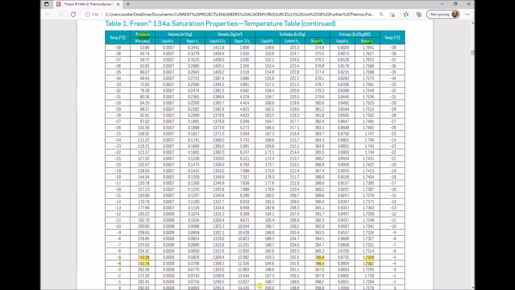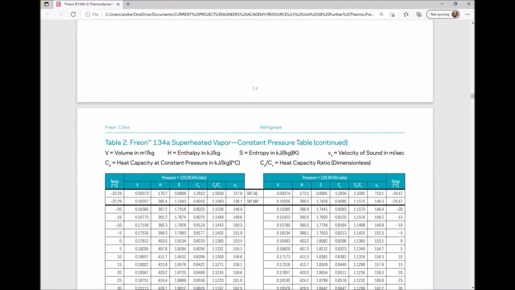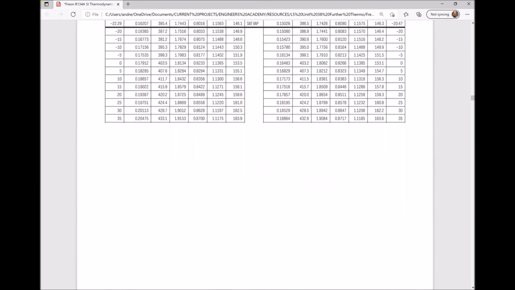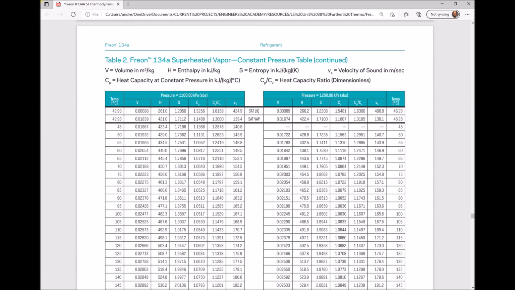So we know that the superheated tables come much later in the document, so we need to scroll down to the superheated tables, and we're looking for a pressure of 1100 kilopascals. Note that the two tables here are for 120 kilopascals and 130, so we need to keep going. And when we get to page 39, we have our pressures of 1100 kilopascals.